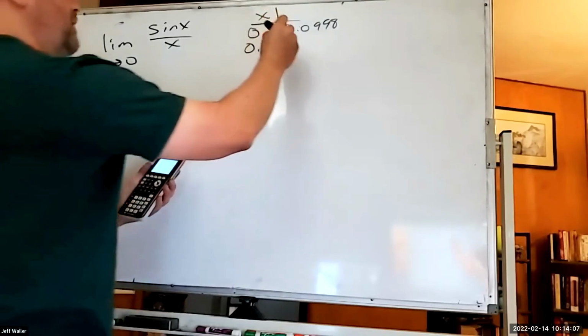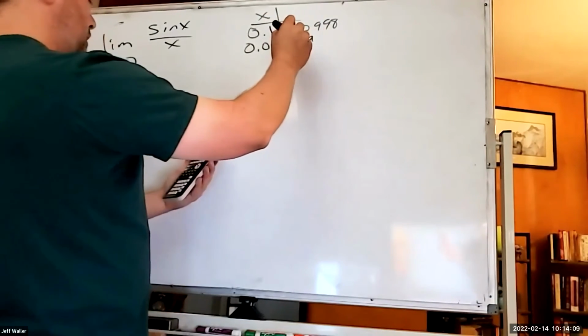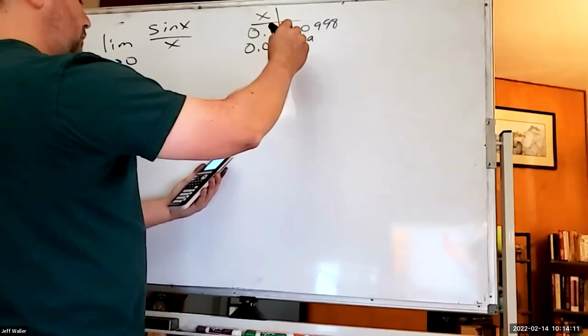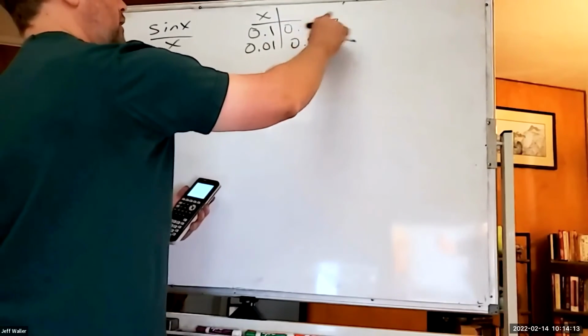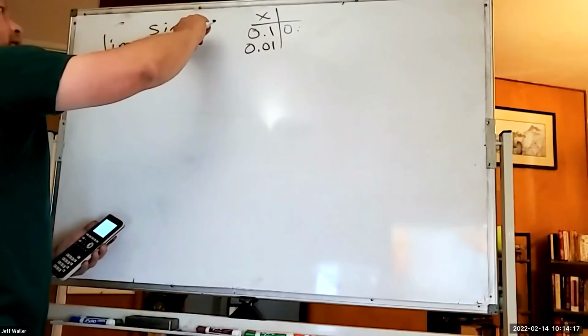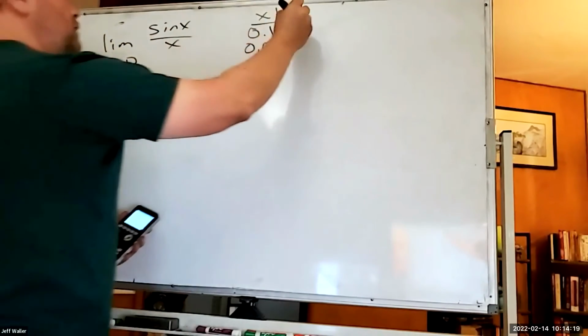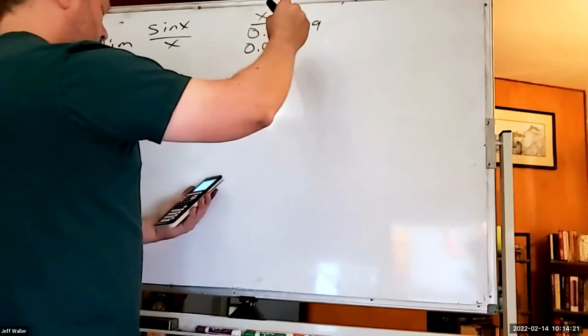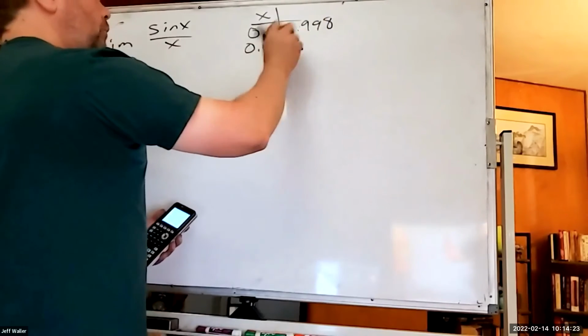Let's try this again. When you put a 0.1 in, you get 0.0998 divided by 0.1 is 0.998 and so on.